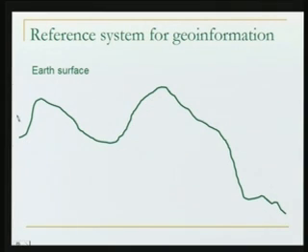As you can see here, that's the surface of earth. There are some houses, trees, rivers, all those things. Now when we say we need to measure the geoinformation, or if you go back to the examples, we went to the ground, we made a map.